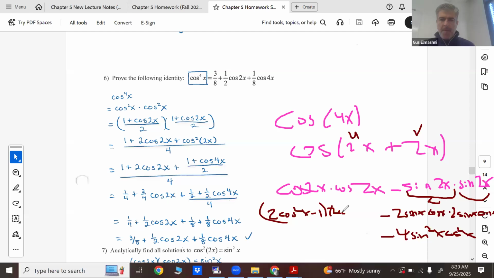Actually, wait one sec. Give me one sec here. I probably should do this. This is not terribly obvious. 2 cosine squared x minus 1 and 1 minus 2 sine squared x.